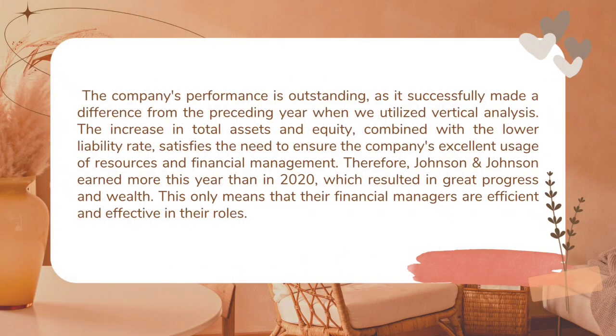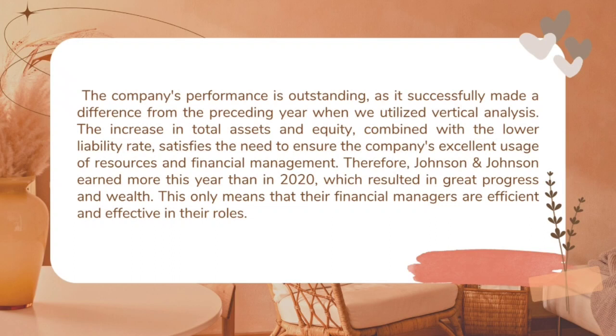The company's performance is outstanding as it successfully made the difference from the preceding year when we utilized vertical analysis. The increase in total assets and equity combined with a lower liability rate satisfies the need to ensure the company's excellent usage of resources and financial management.